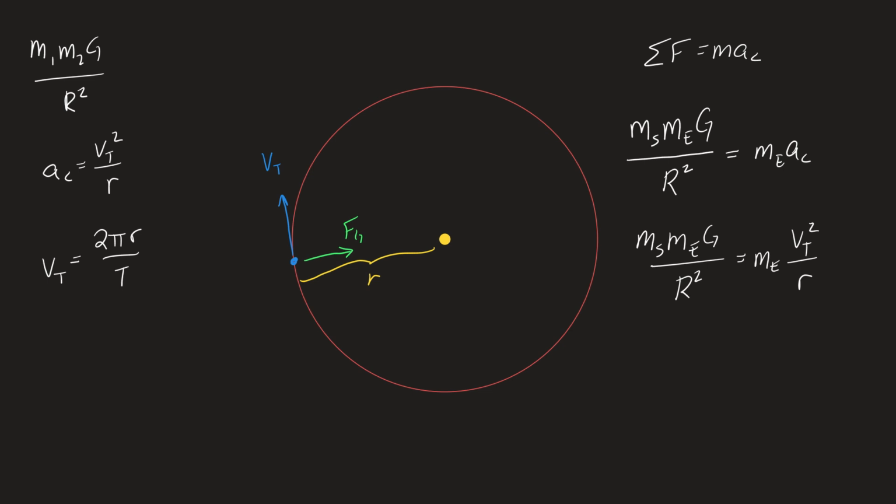Now, I want to stop here real quick and call something to your attention. You'll notice I'm using different R's here. Are you noticing? That's not accidental. This R, I've said it out loud several times, is separation distance.